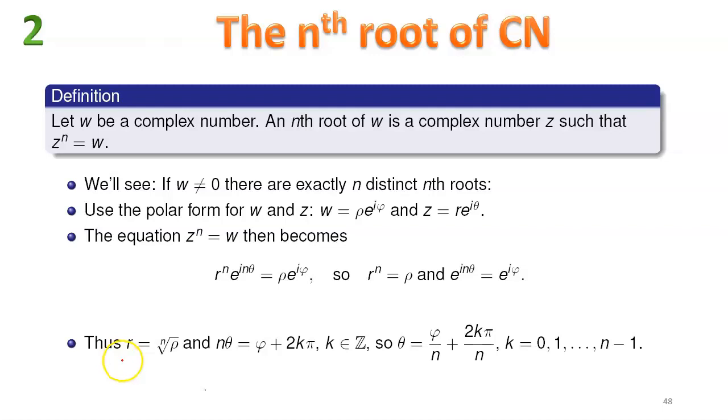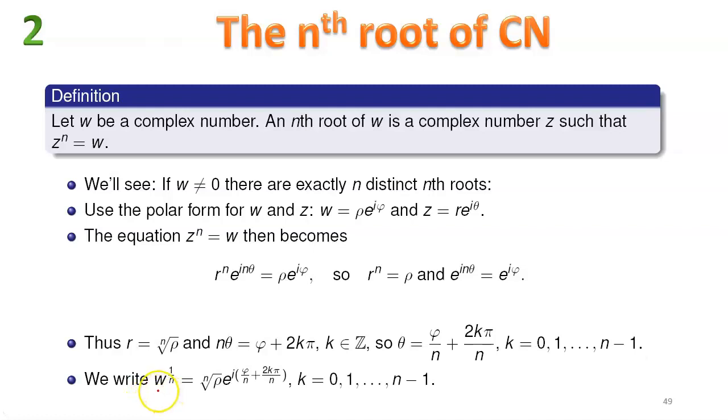Therefore, we can conclude r is equal to the nth root of rho, and n theta is equal to phi plus 2 pi k, where k belongs to the set of integers, and we can rearrange theta as phi upon n plus 2k pi upon n, and k can take values from 0 up to n minus 1.